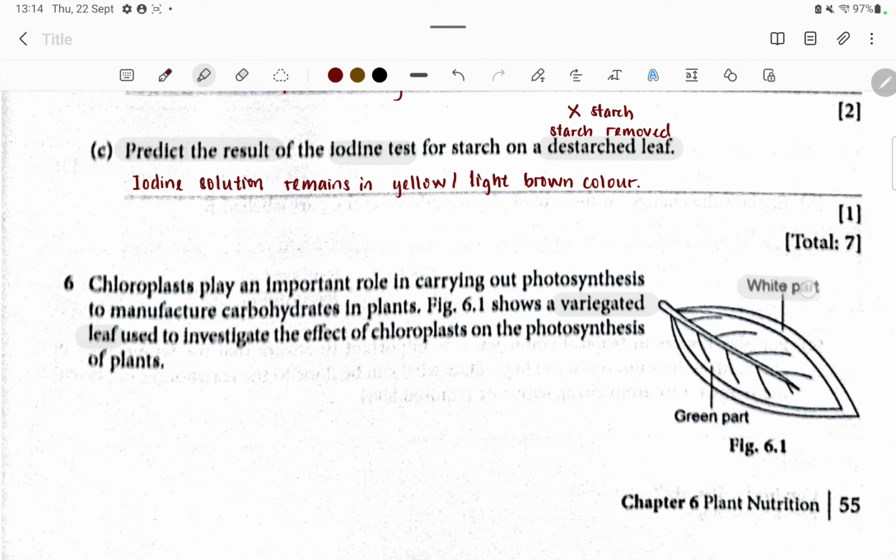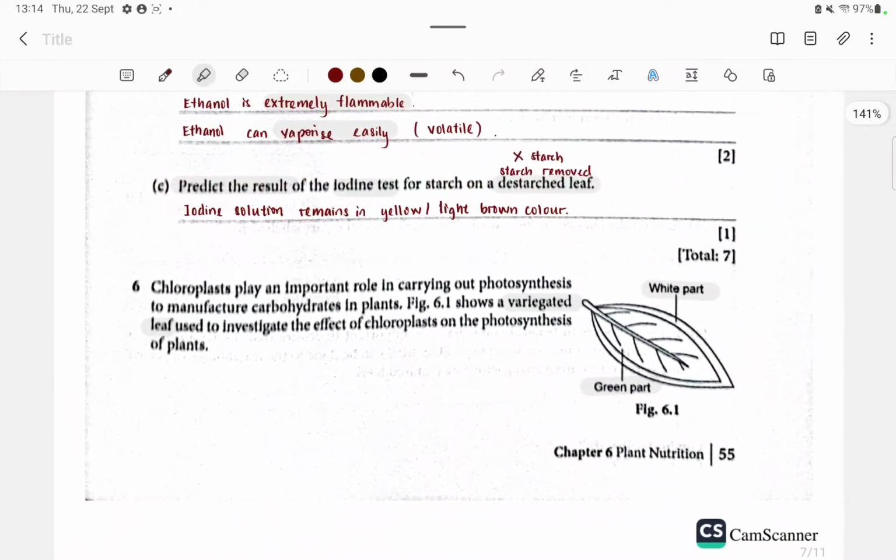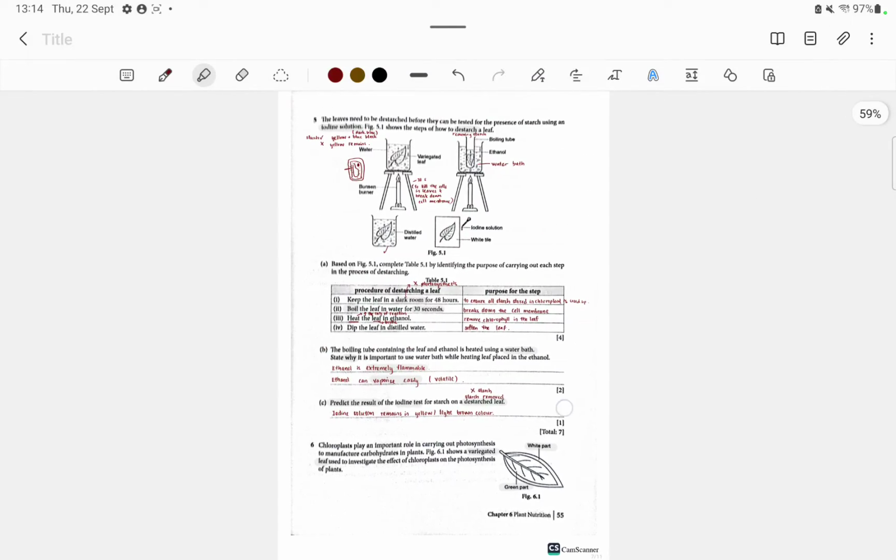One part is white, or sometimes yellow or red or purple also can, while the other one is green. Means not the whole leaf is green, only some parts of the leaf are green. Let's look at the next page.